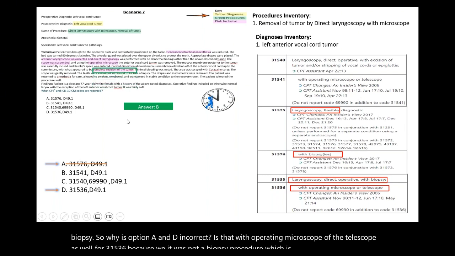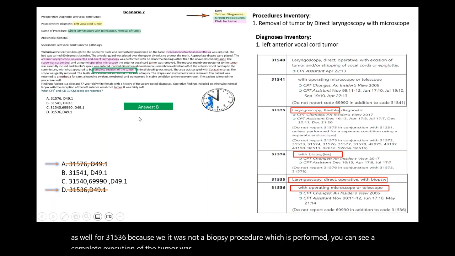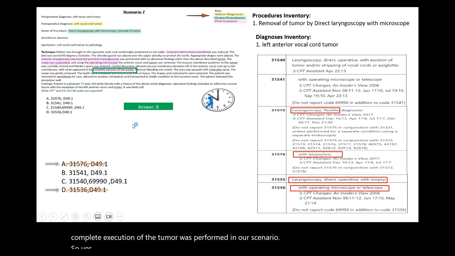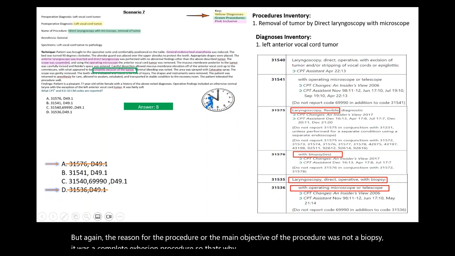We can see a complete excision of the tumor was performed in our scenario. Yes, after excision we might send it for biopsy, but the main objective of the procedure was not a biopsy, it was a complete excision. So options A and D are incorrect, as both are coding for a biopsy procedure.